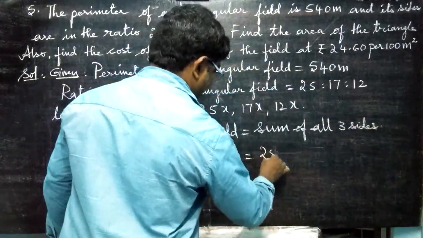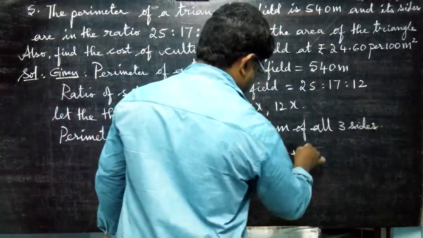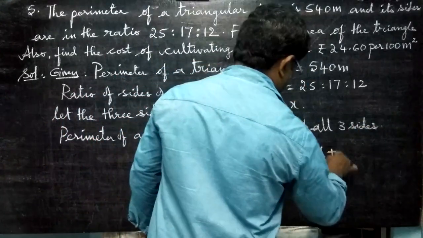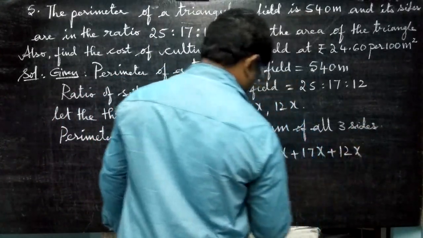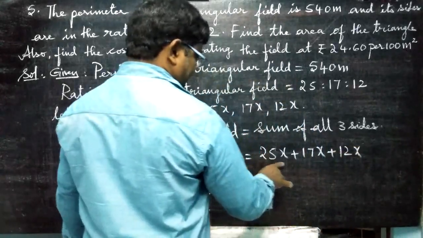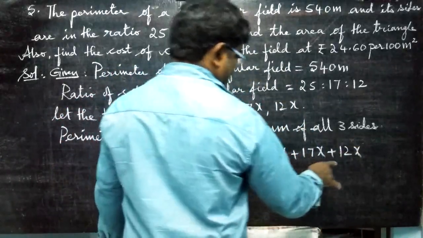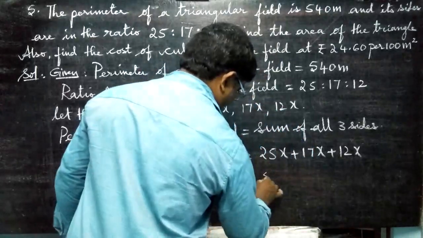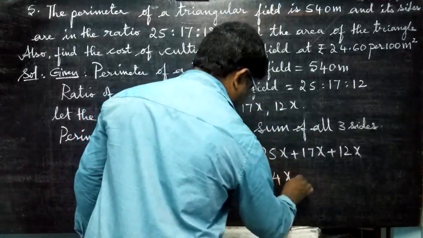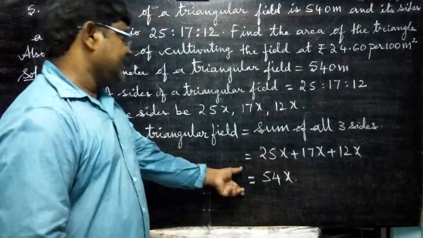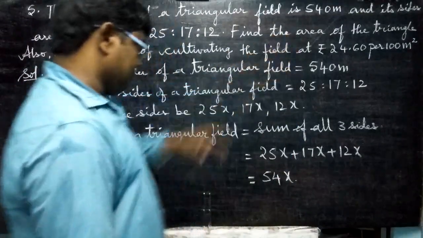So 25x plus 17x plus 12x. Add: 25, 42, 54. 54x we got. This we did; they have given the other in the problem.